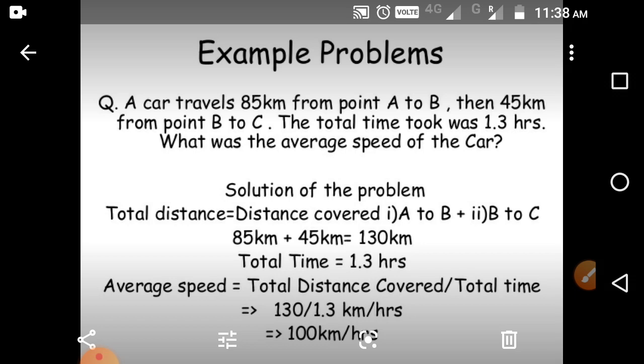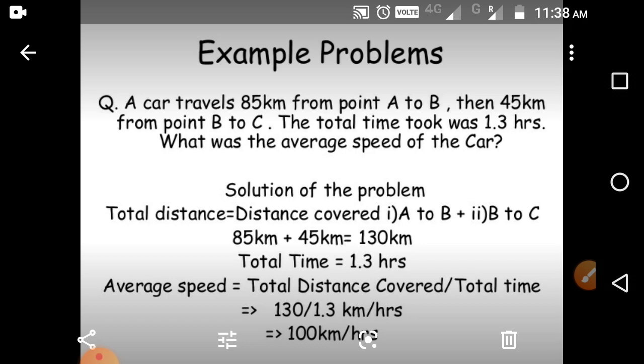So if you take 1000 meters divided by the seconds, then you will get the value in meter per second. Okay, it's just about a conversion. We will discuss it later in the numerical portion. Now we are concentrating only on the unit part.